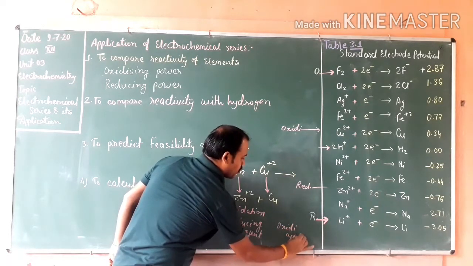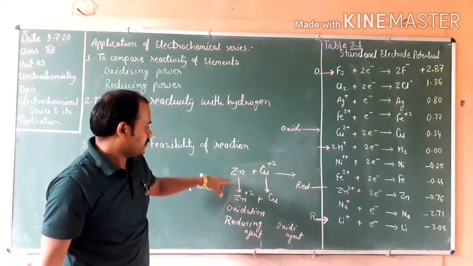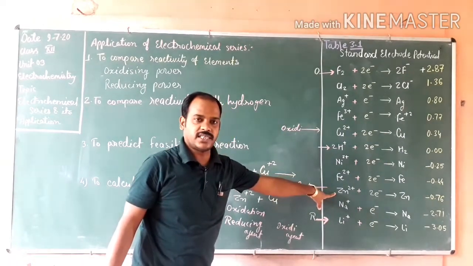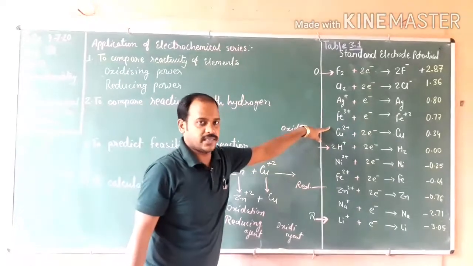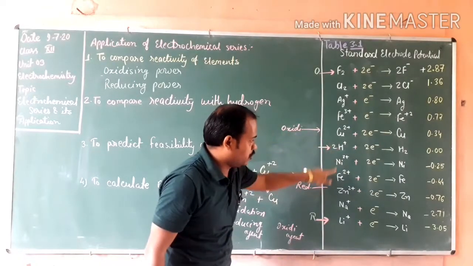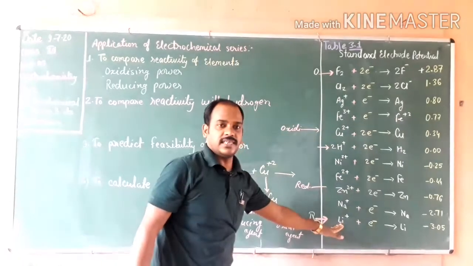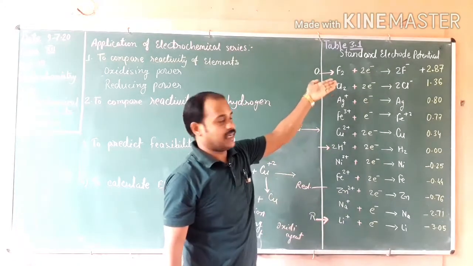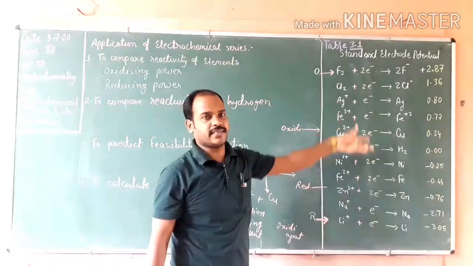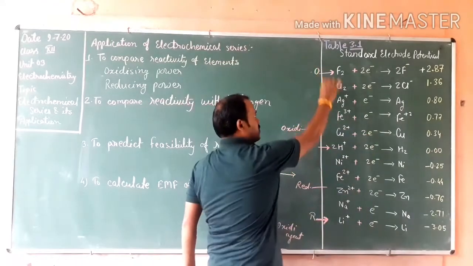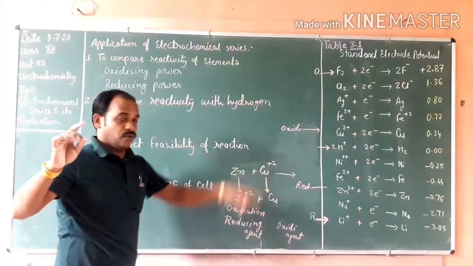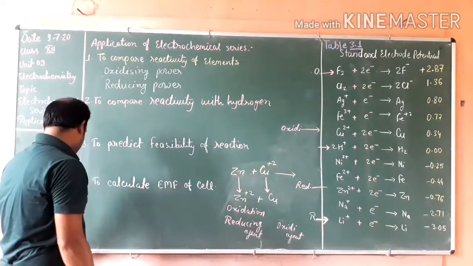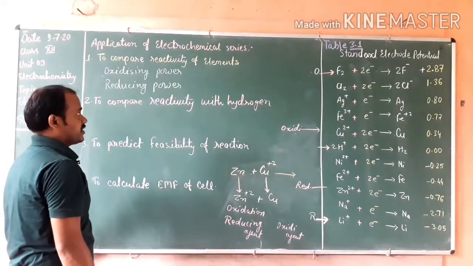So see students, zinc is the reducing agent, this one is oxidizing. So as we are moving down in a group, reducing power increases, and as we move upside, oxidizing power increases. So fluorine is the strongest oxidizing agent, and lithium is the strongest reducing agent.